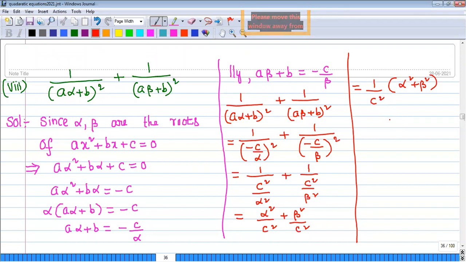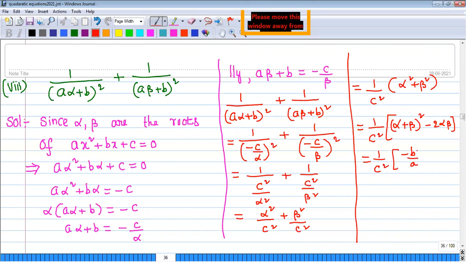Now otherwise method, what is the method? Alpha plus beta whole square minus 2 alpha beta. Very good. Alpha plus beta is equal to minus b by a. So 1 by c square into minus b by a whole square minus 2 times c upon a.